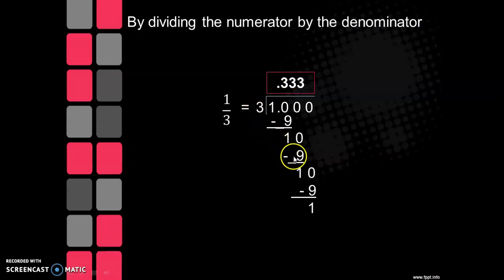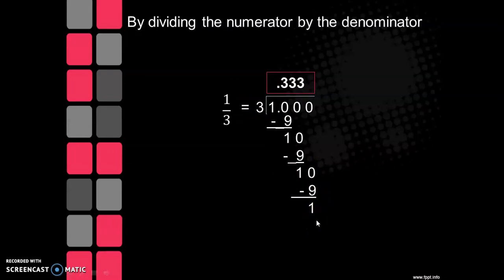So, 3 times 3 is 9. And then subtract. 10 minus 9 is 1. Again, 1 cannot be divided by 3, so we add 0 again to bring it down to make 10. So, 10 divided by 3 is 3. For the third quotient, 3 times 3 is 9. And then 10 minus 9 is 1.